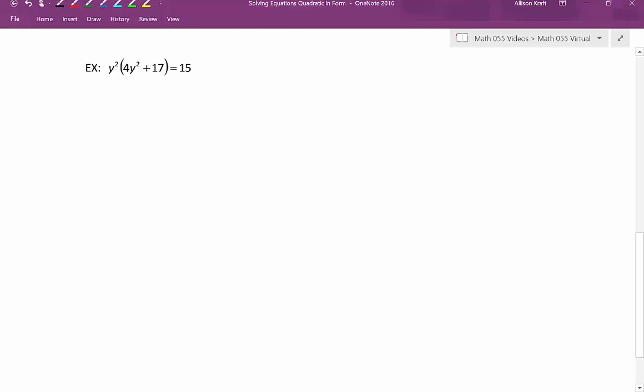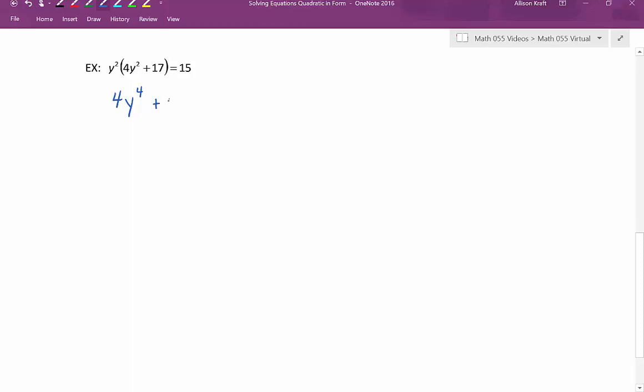Next, let's solve y squared times 4y squared plus 17 equals 15. The first thing we want to do is multiply things out. We can't tell what kind of equation we have exactly when we have the parentheses. So y squared times 4y squared gives me 4y to the fourth.